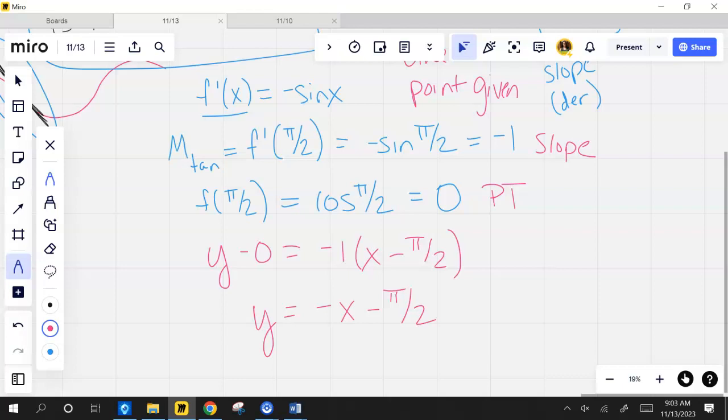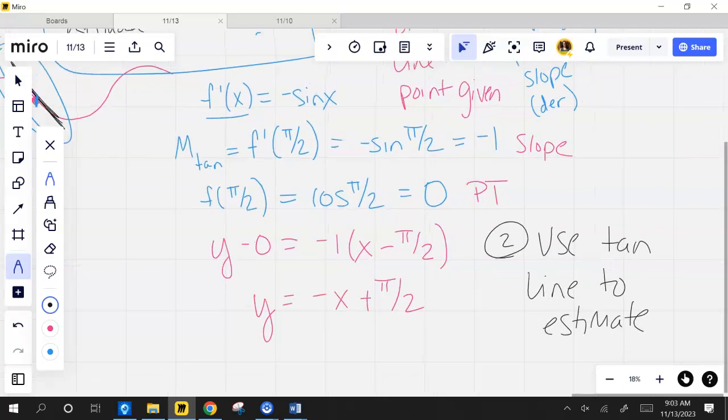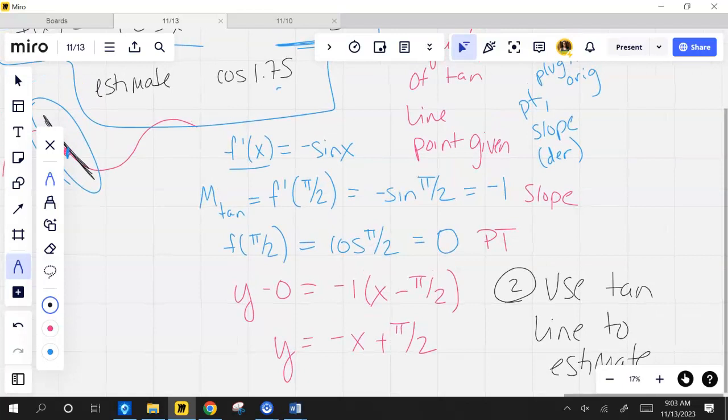So now there's only one more step. Use your tan line to estimate. To estimate what? Well, they asked me. They said, estimate the cosine of 1.75. So this is my tan line, right?